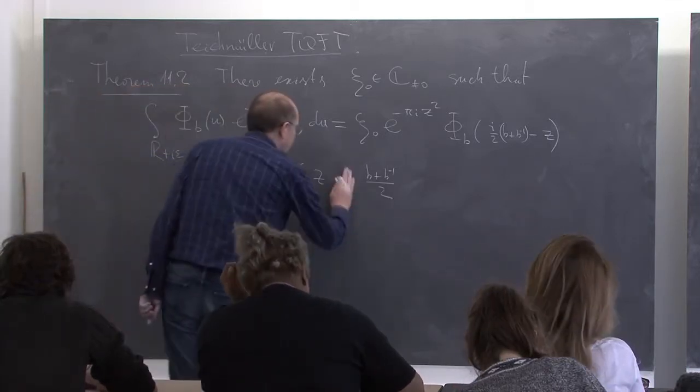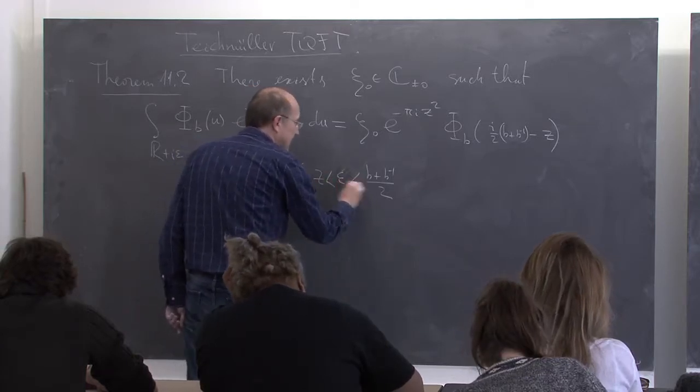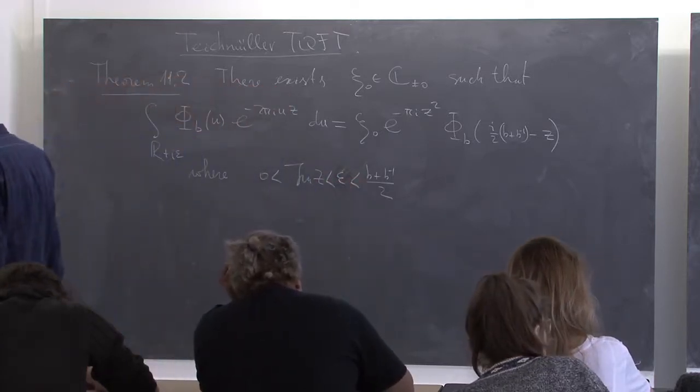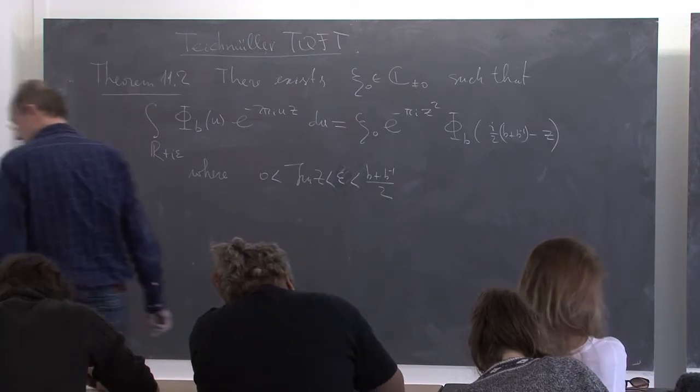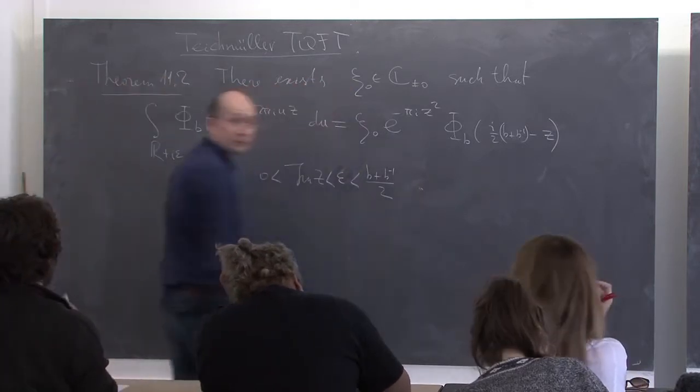Sorry, we have to insert here less than ε, and ε is less than b + b^{-1}. Okay, that's the end of the theorem.